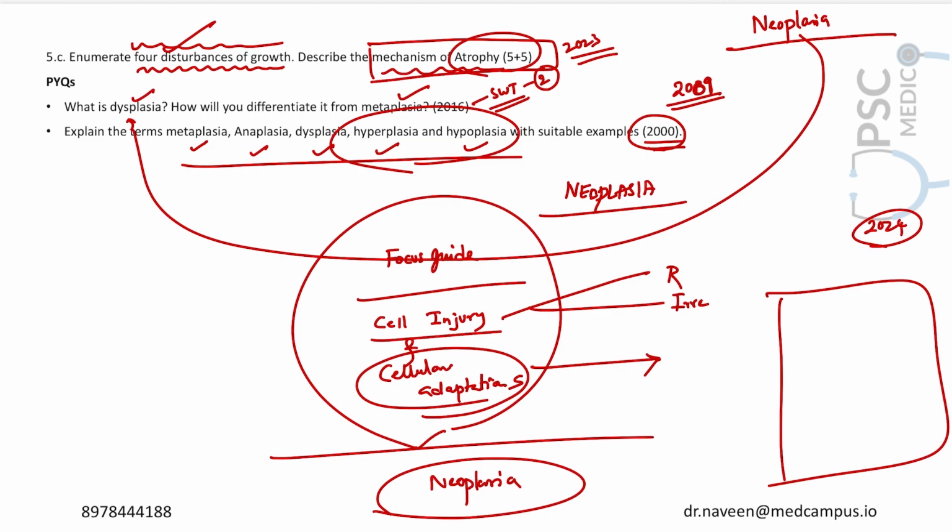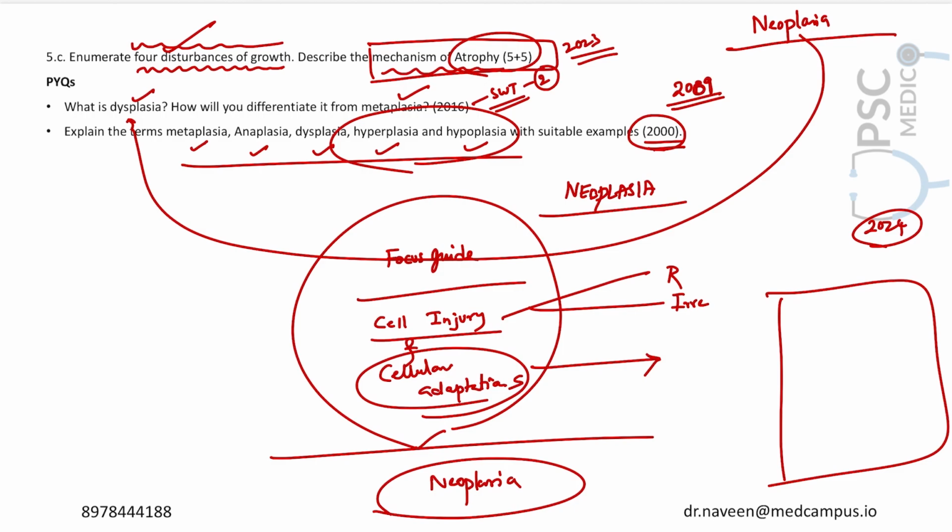I don't know whether to blame them for this. Cellular adaptation is not in the syllabus per se; it's only given under disturbances of growth. Maybe I have to understand the syllabus in greater detail to tell you whether it is part of the syllabus or not. But again, it is a PYQ.